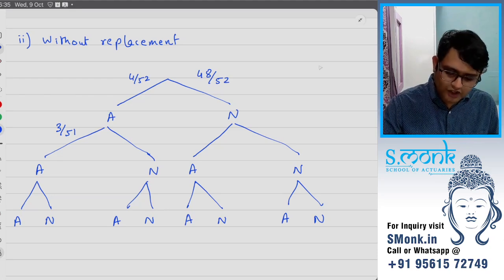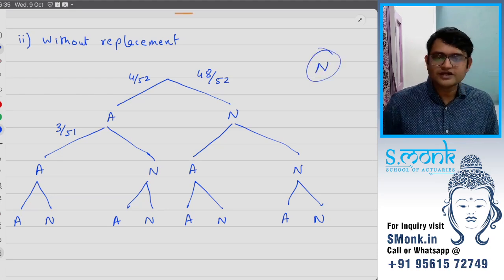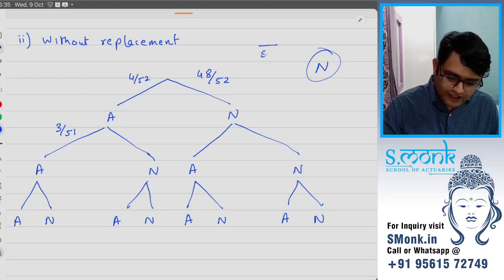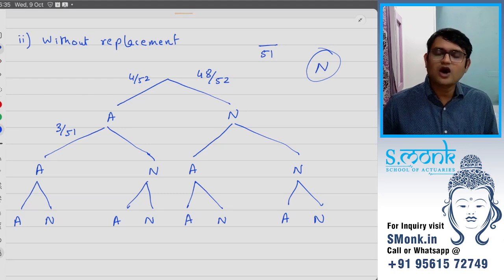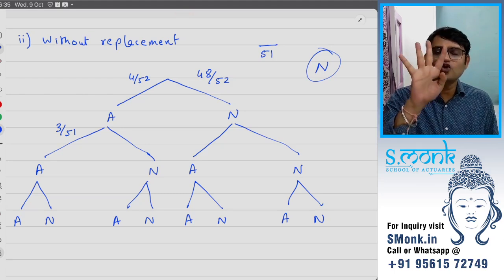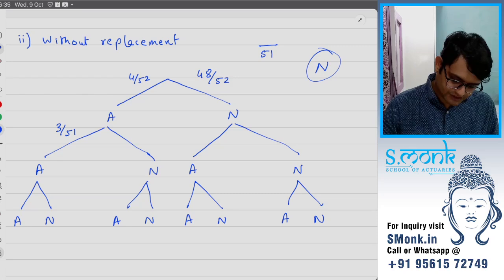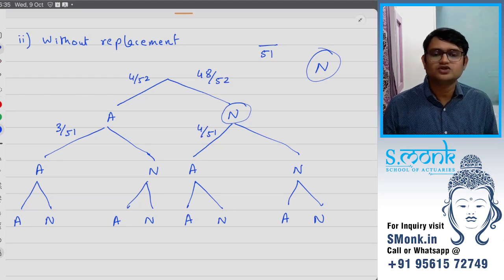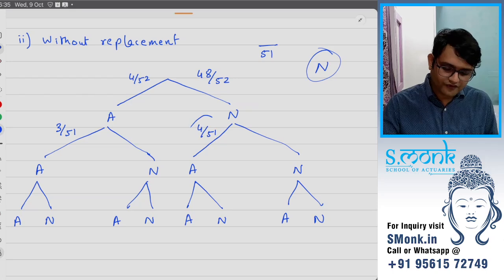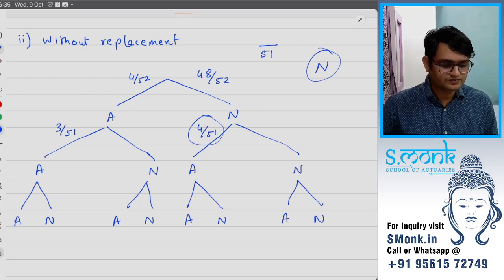But now again, that not an ace is outside the deck. So in total I have only 51 cards, but out of those 51 cards, 4 of them are aces. So probability that I will get an ace after I have got not an ace in the first card would be 4 by 51. Does that make sense?